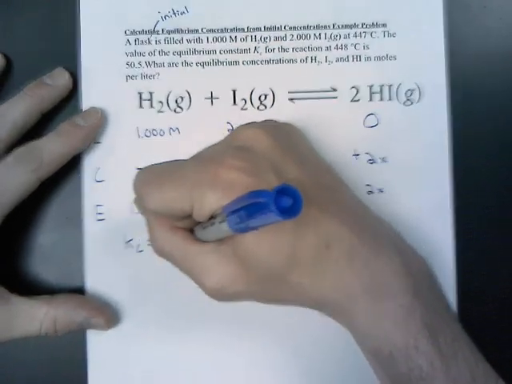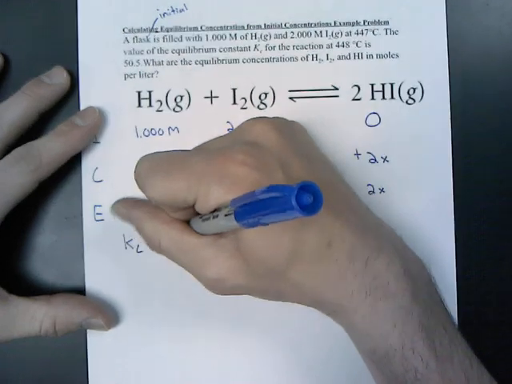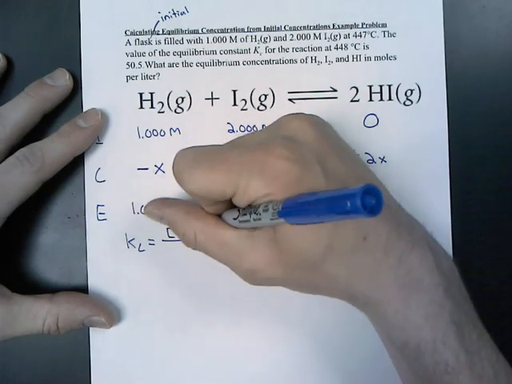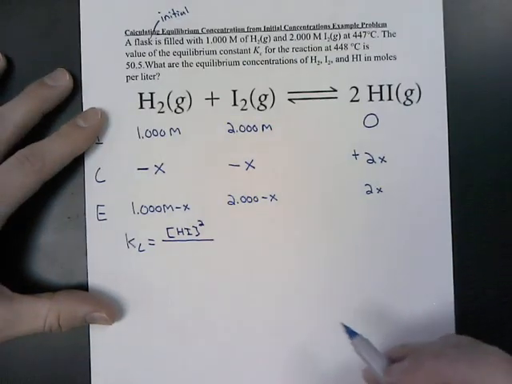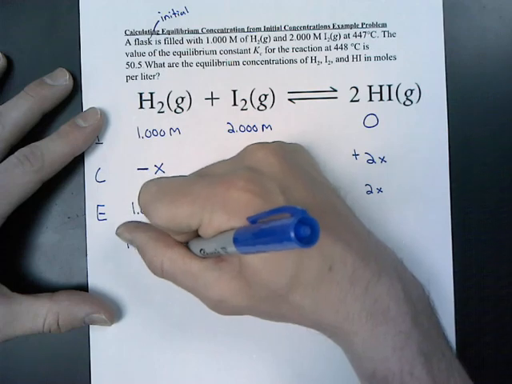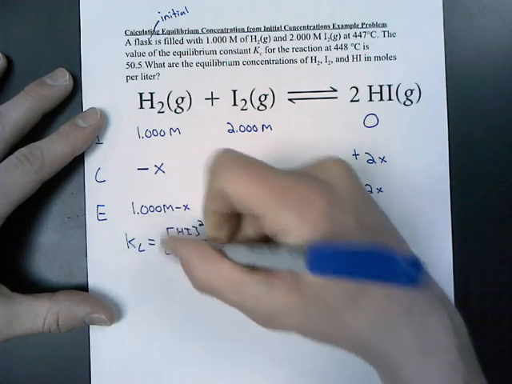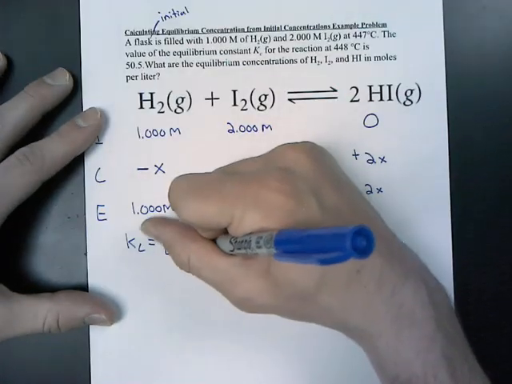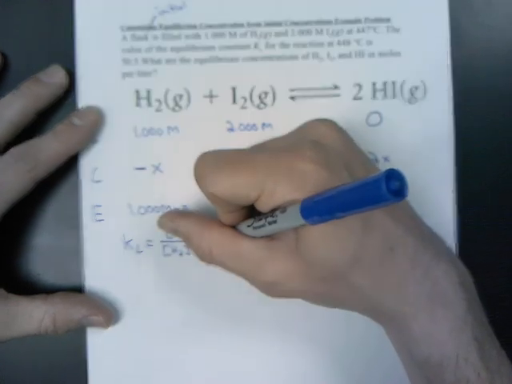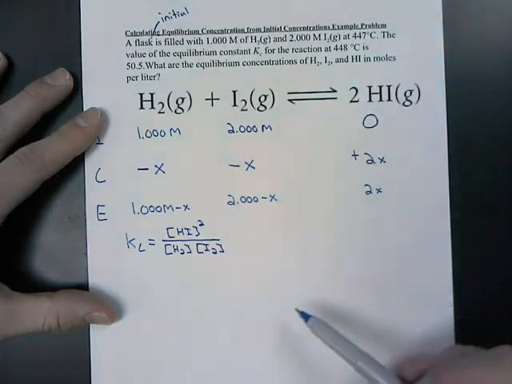Kc is going to be the concentration of HI raised to the second power because of the coefficient of 2, divided by the concentration of H2 raised to the first power times the concentration of I2, again raised to the first power.